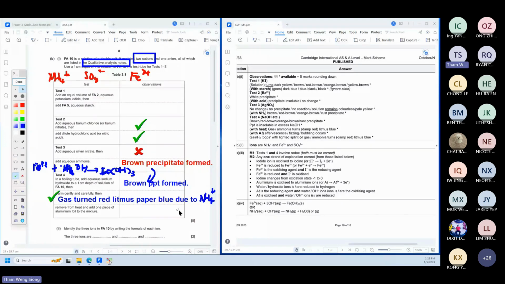Last but not least, sometimes they like to put in a little bit of a trick, so they put in aluminum foil inside there. What happens is that the aluminum foil will release hydrogen gas. Effervescence will form, hydrogen gas released, the gas will release the pop sound.